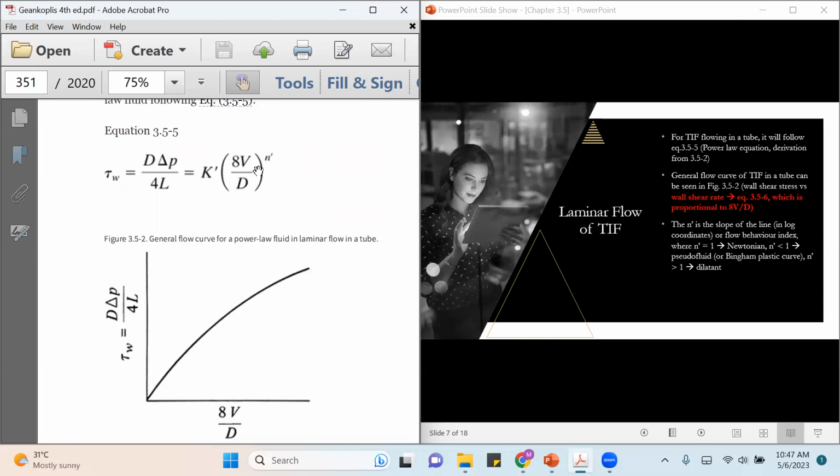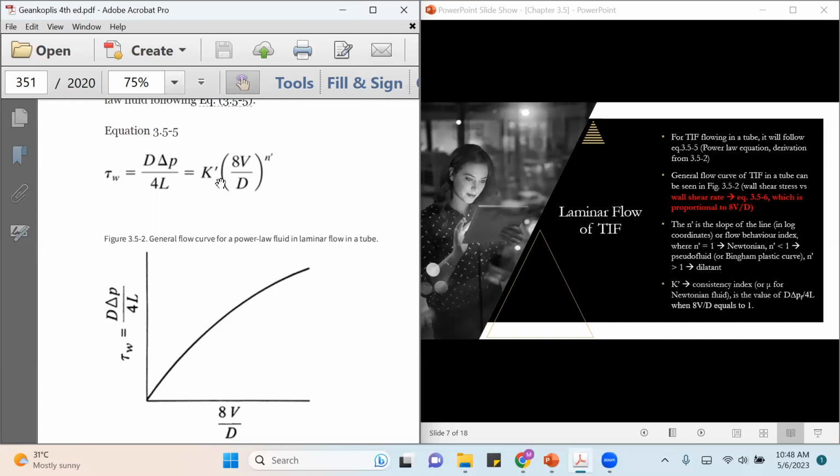This n' is the flow behavior index. n' equals 1 if it's Newtonian. n' is less than 1 if it's a pseudoplastic fluid or Bingham plastic curve. n' is higher than 1 if it's dilatant. So n' is equal to n. In the previous slide we talked about n, the flow behavior index, so it's the same, n'.